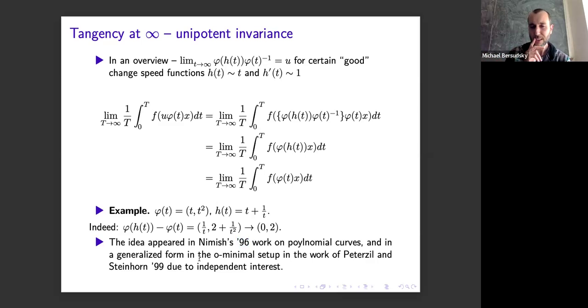I'm not sure that they knew about Nimish's work back then, but it seems to have been used out of a completely independent interest. But in the recent work of Peterzil and Starchenko on nilmanifolds, they did use this idea to get invariance of the measure.